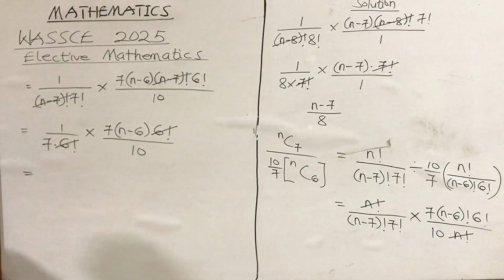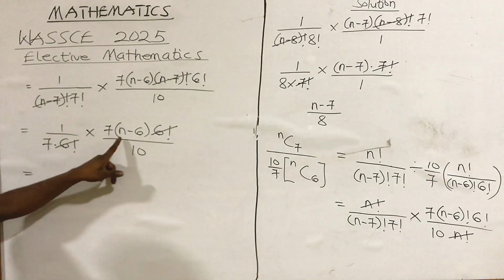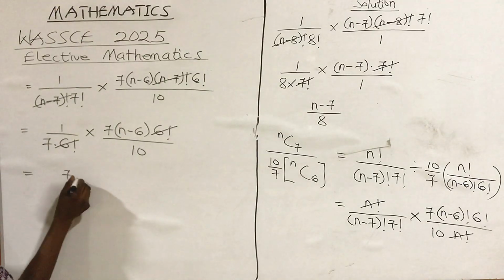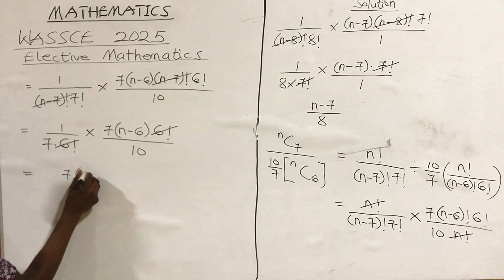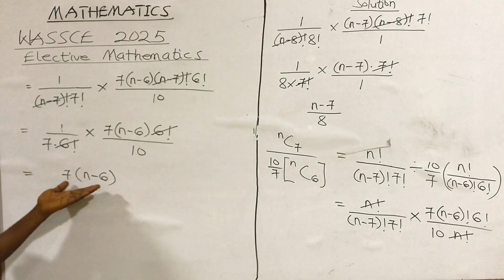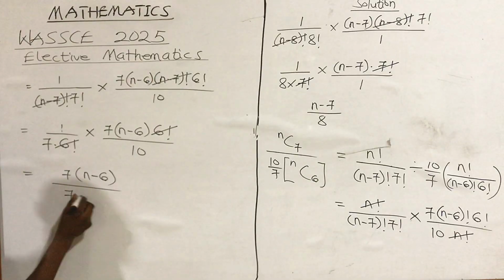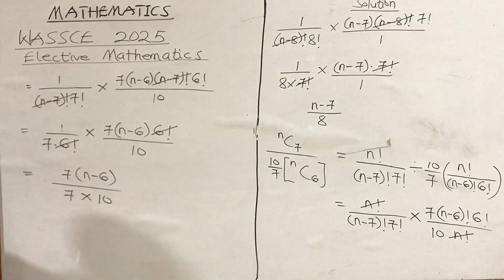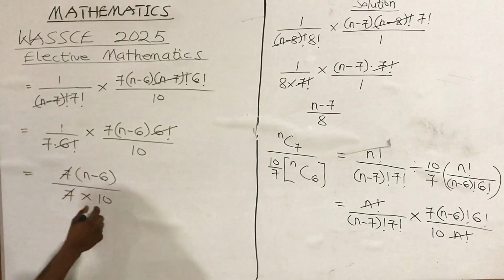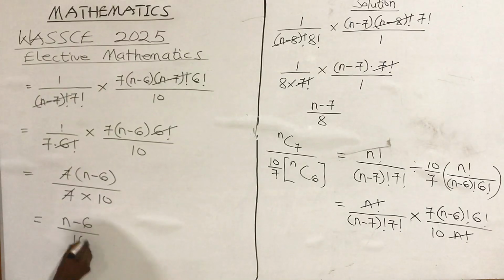Then we are going to get 1 multiplying 7 into bracket (n minus 6). So we have 7 into bracket (n minus 6), because 1 times anything here, we still have the same thing, all over 7 also multiplying 10. So from here, this can also take off this. So now we are going to be left with (n minus 6) all over 10.